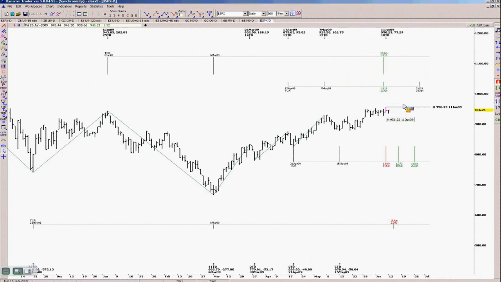So if we make a new high, that's when we'll start looking to the next dates, which so far come in at June 16th and June 18th. Okay, now let's compare. We can compare the swings in the same direction.